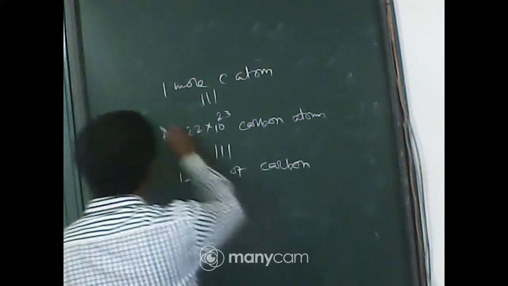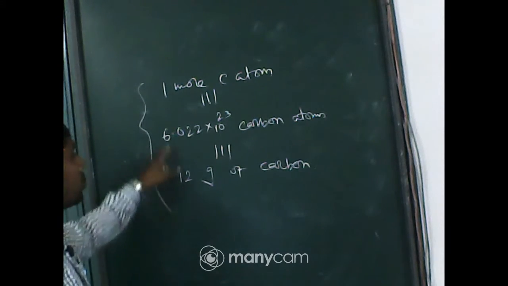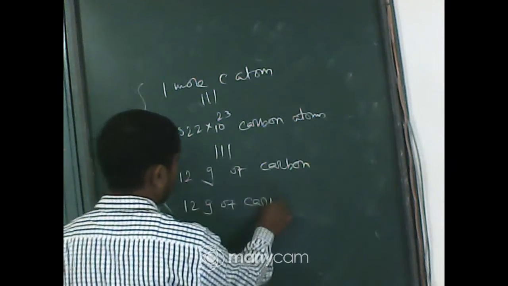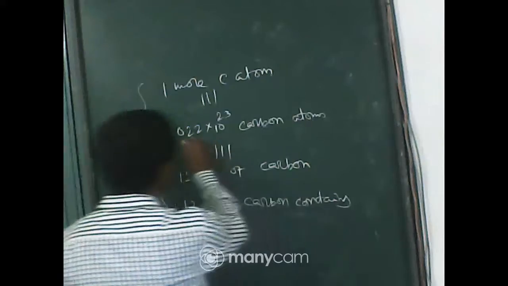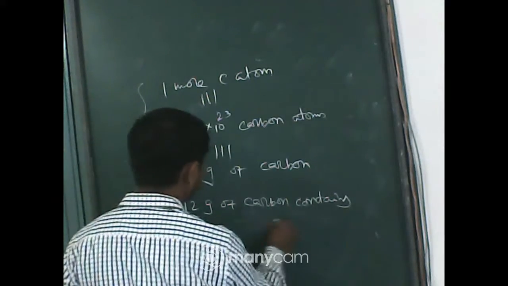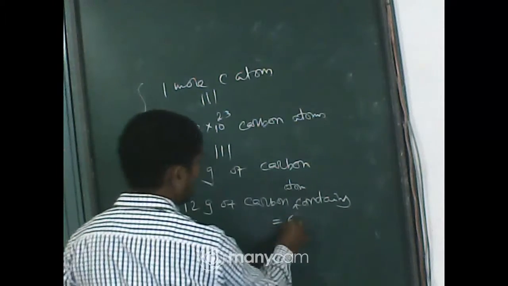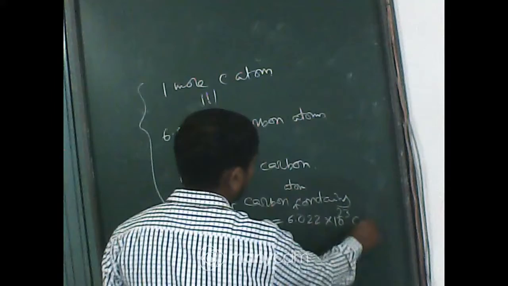So these three are related to each other. So we can correlate these. 12 gram of carbon contains how many atoms? It contains 6.022 × 10^23 carbon atoms.